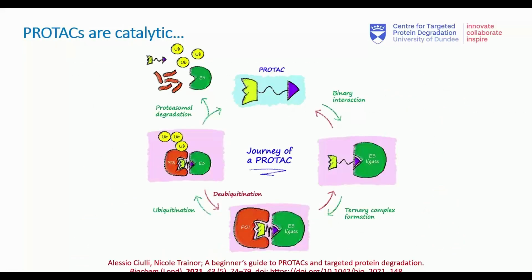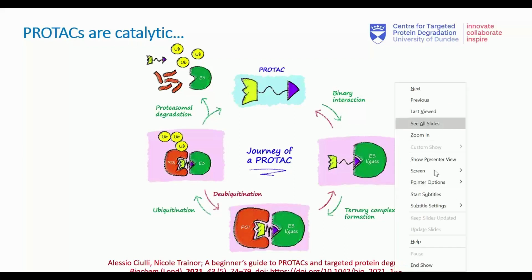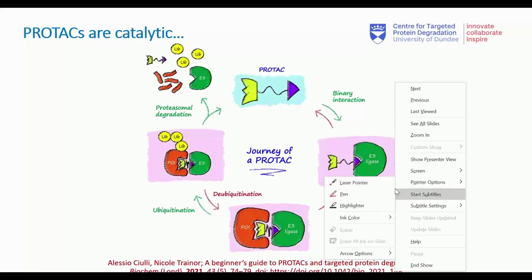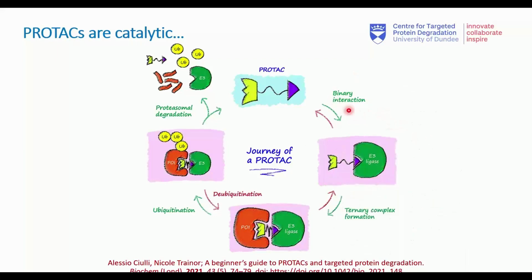So I mentioned that the PROTAC itself is ejected before the proteasome can degrade your protein, and this is true. And in this sense, you can think of a PROTAC as a catalyst. Basically, it works in a catalytic manner. It first forms a binary interaction with either the E3 ligase or the target protein, and this is in constant equilibrium.